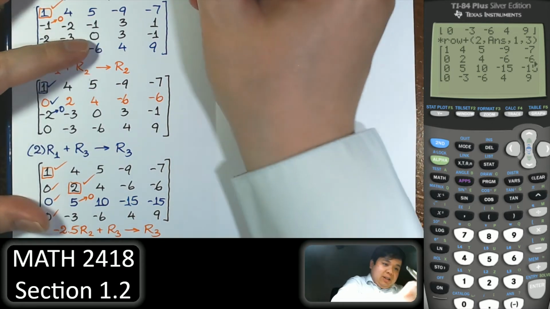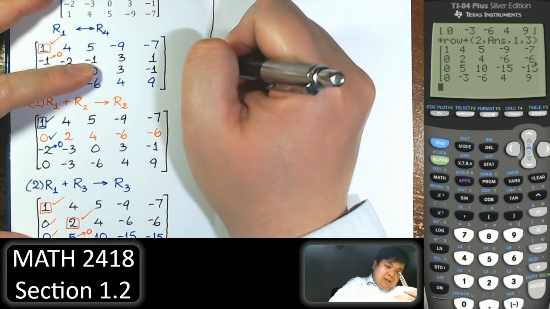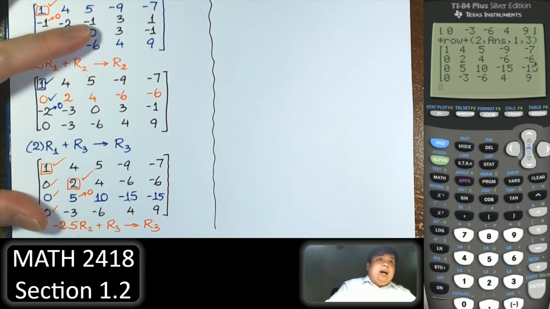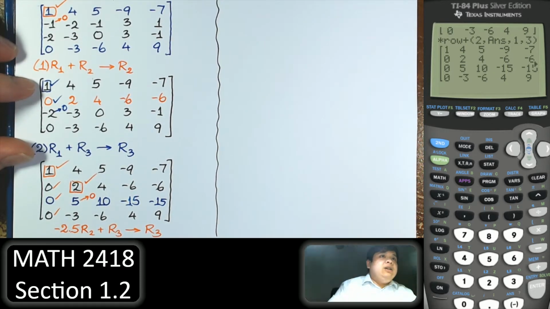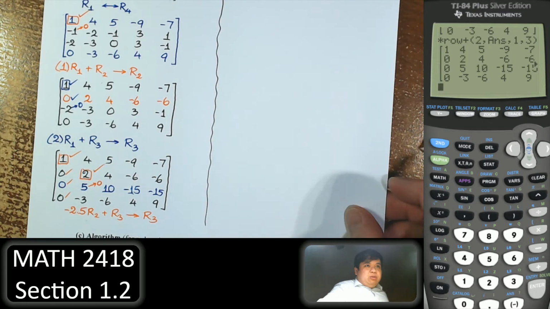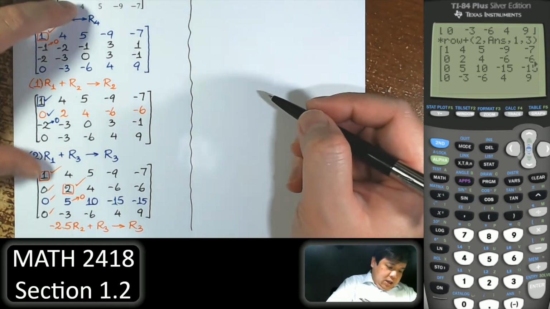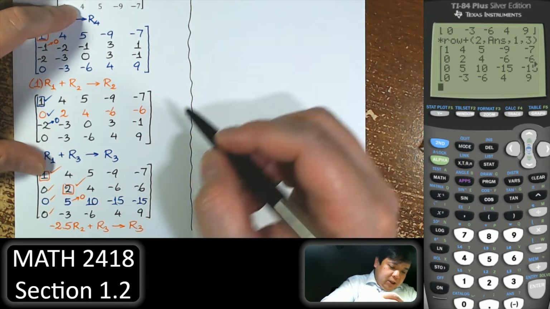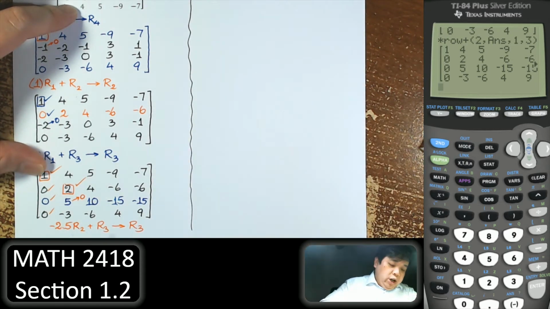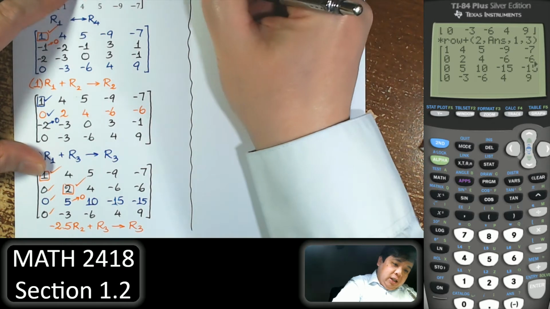I hope we have enough space. Just do that. So only row 3 will change. 1, 2, and 4 will stay the same.